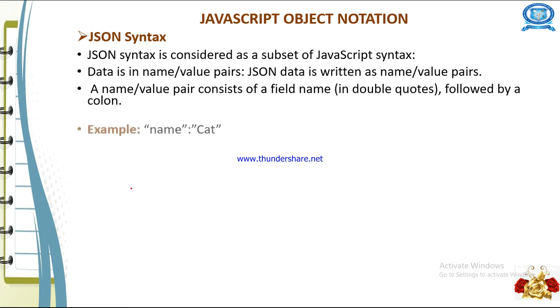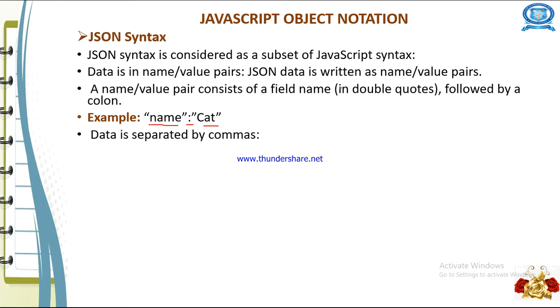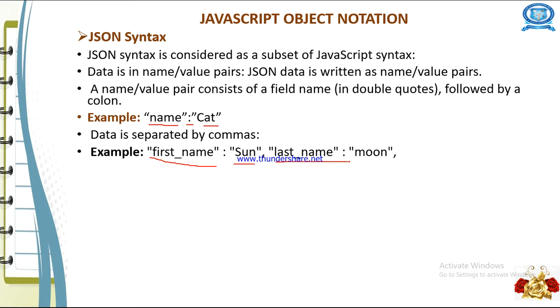For example, within double quotation, name, colon, and cat. This is an example of JSON syntax. And data is separated by commas. For another example, first name within double quotation, colon, Sam. Last name within double quotation, colon, Moon. This is an example of JSON syntax.